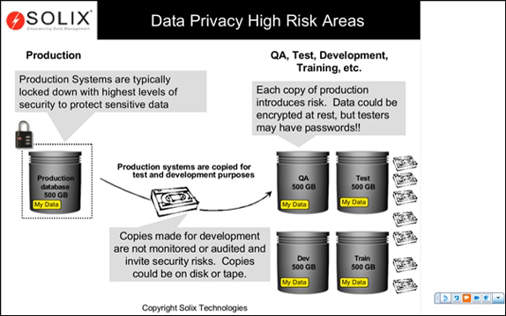So it may decrypt when they run a report and have clear access to some of that data. The other thing is that if you're making backups of your test and development environment, you will also probably realize that if you have sensitive data in the database, it's going to be in all of those backups as well. So again, for every copy where there's sensitive data, the risk just multiplies.